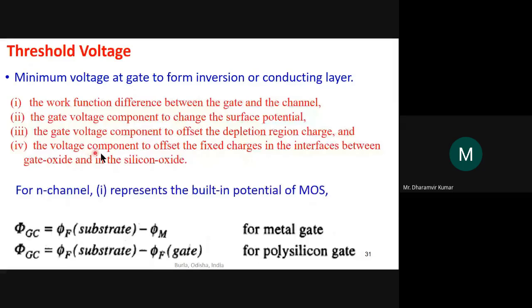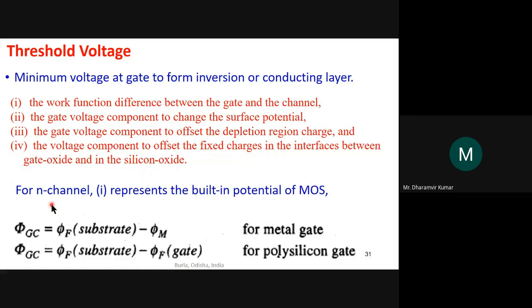This is the voltage component required to offset the fixed charges present in the gate oxide and silicon interface. The combination of these four components will give us an equation for the threshold voltage.